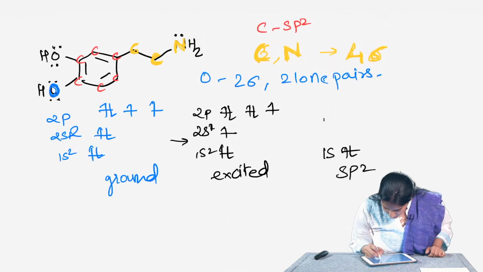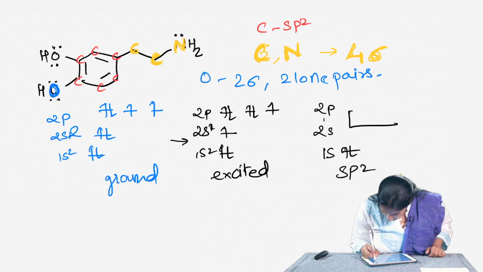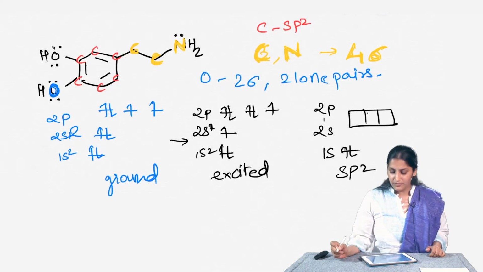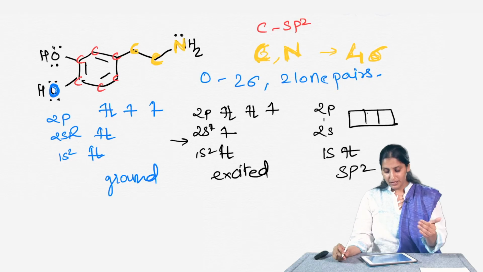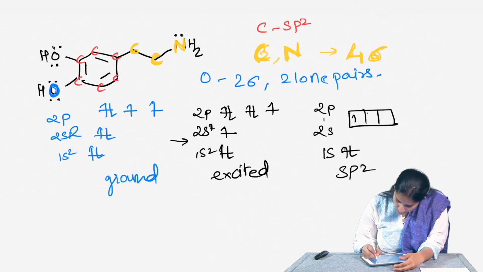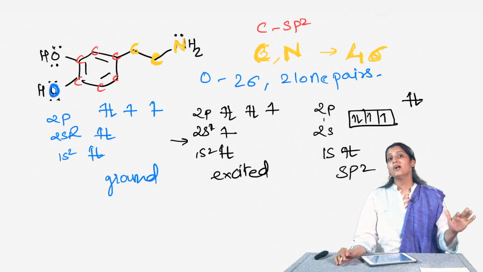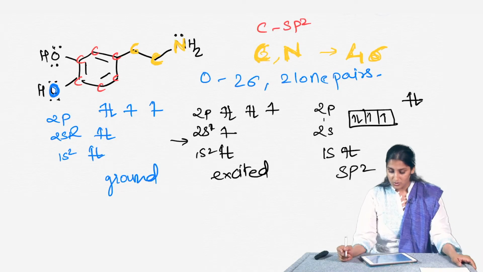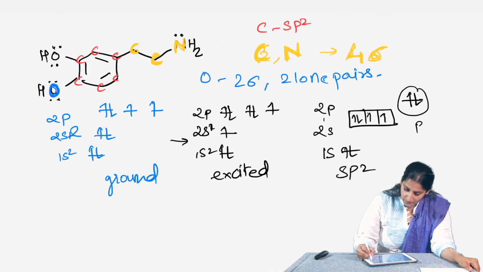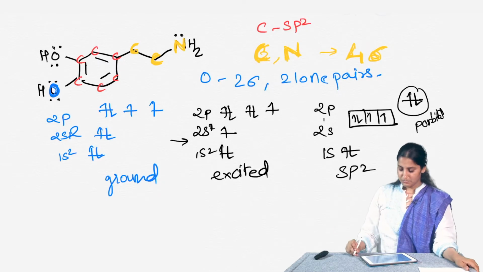Now, I am going to do 2s and 2p, but I am going to combine one of the s's and two of the p's to form the sp2 hybridized orbitals, and one of the lone pairs does not take part in hybridization. So, it remains in the p orbital, right, the unhybridized p orbital.